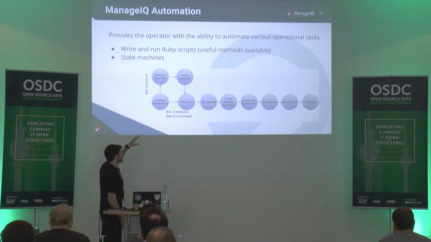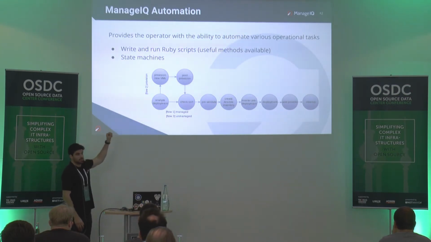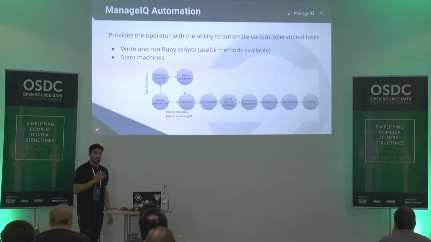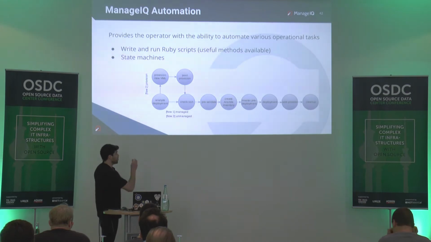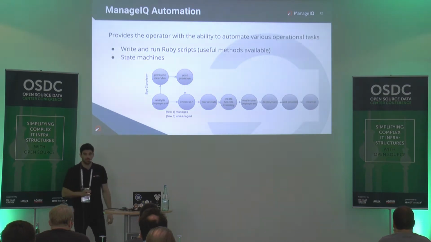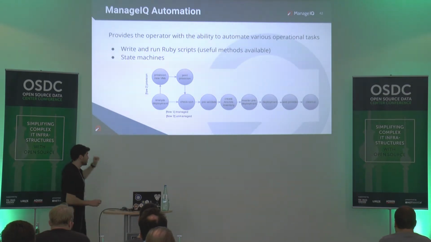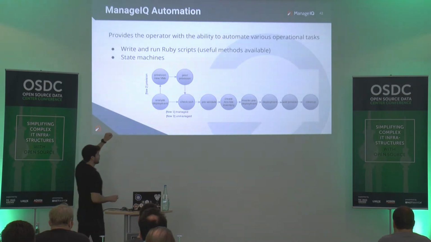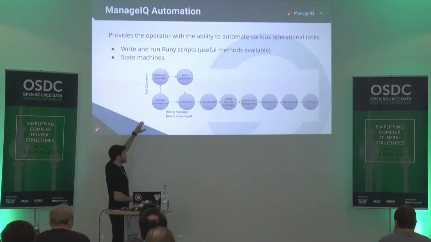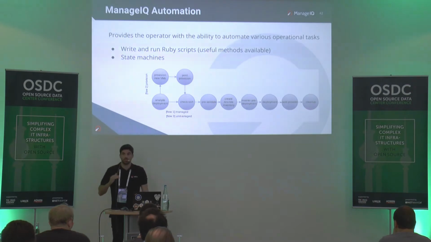And this is the actual state machine logic that I've written for an OpenShift cluster deployment from within ManageIQ using the OpenShift Ansible project. I'll speak about it later, but this is kind of how the logic works. Think of each state as a bunch of Ruby methods.